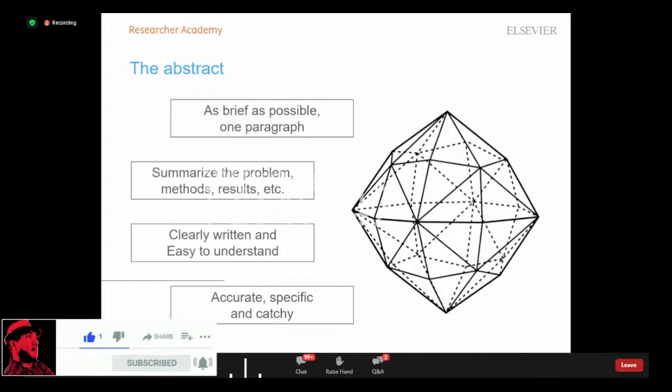It should be quite clear and easy to understand, and it should be a bit of an appetizer, I should say, for a reader to want to read more about this. You should try and encourage and excite the editor and the reviewers to want to read the paper and to get to know more and to be curious about the findings that are presented.